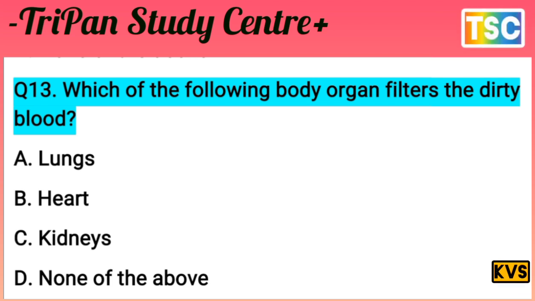Kidneys are the most important organs for filtering the dirty blood and removing toxins and waste material. It means option C is correct: kidneys. Let's see the next question.